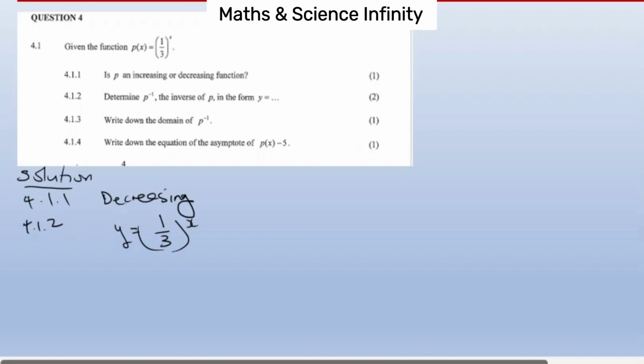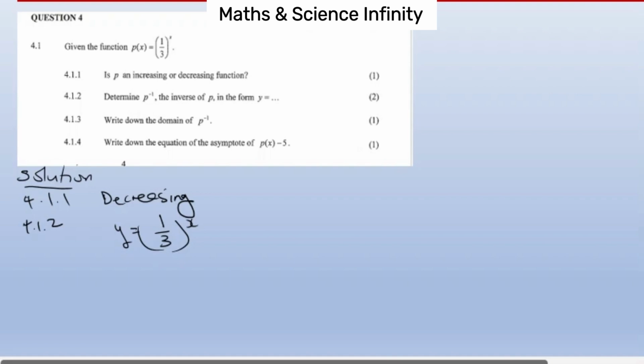When it comes to inverses, we know that in the place of y we substitute x, and in the place of x we substitute y. We just swap the variables, and they're saying put it in the form of y.